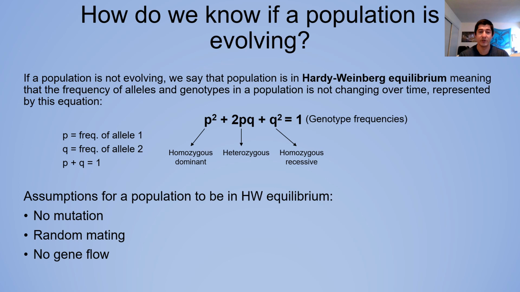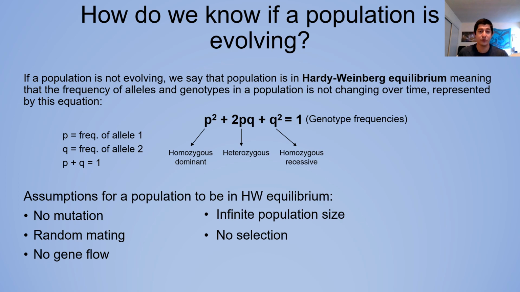Again, this is just assuming that there's no changes happening to the genes in the population. Infinite population size. There are issues that you run into when you have really small populations that are reproducing. And no natural selection. So in a population that's not evolving, we assume that all of these things are happening.